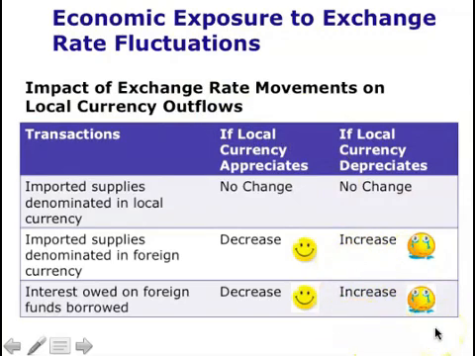Throughout these two tables, I've shown you how exchange rate movement affects local currency inflow as well as outflow. So in the next section, I'm going to teach you how to measure exposure.